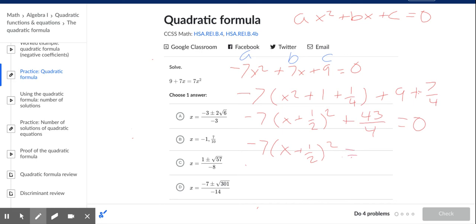So at this point, it becomes a solve by taking the square root problem like we did at the beginning of this unit. So I'm going to multiply by negative 1/7 because that will cancel, and then I don't have to deal with compound fractions. So I get positive 43 over 4 times 7 is 28.